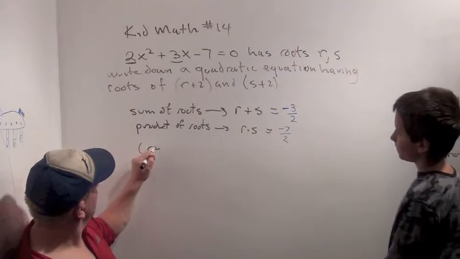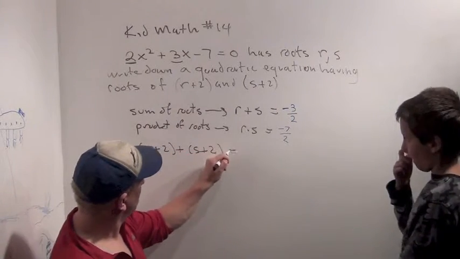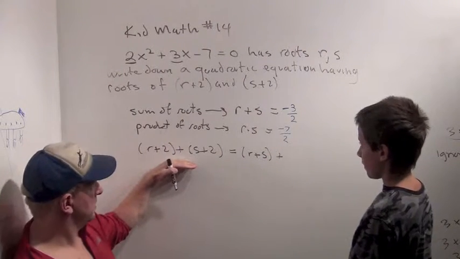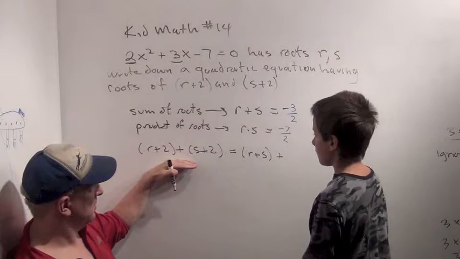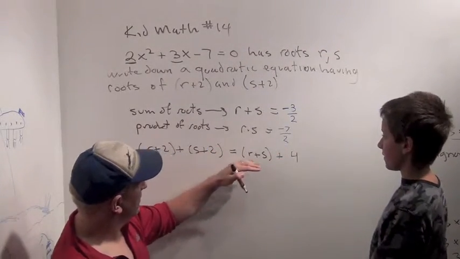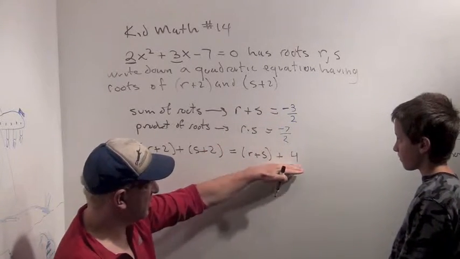R plus 2 plus s plus 2 would be r plus s plus what? Plus 4. Plus 4, very good, since addition is commutative. Okay, and so we know r plus s is minus 3 halves. So what is minus 3 halves plus 4?